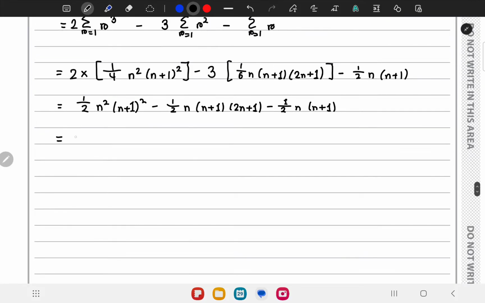We can take half n times n plus 1 common from everything over here. We'll get n times n plus 1 minus 2n plus 1 minus 1.